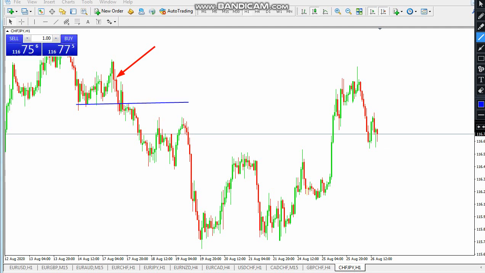So when the sellers move down like that and break all the way down to this area, remember that inside these sellers that pushed from here down to this area, making this new low and breaking this support, you can see some small green candles in between.